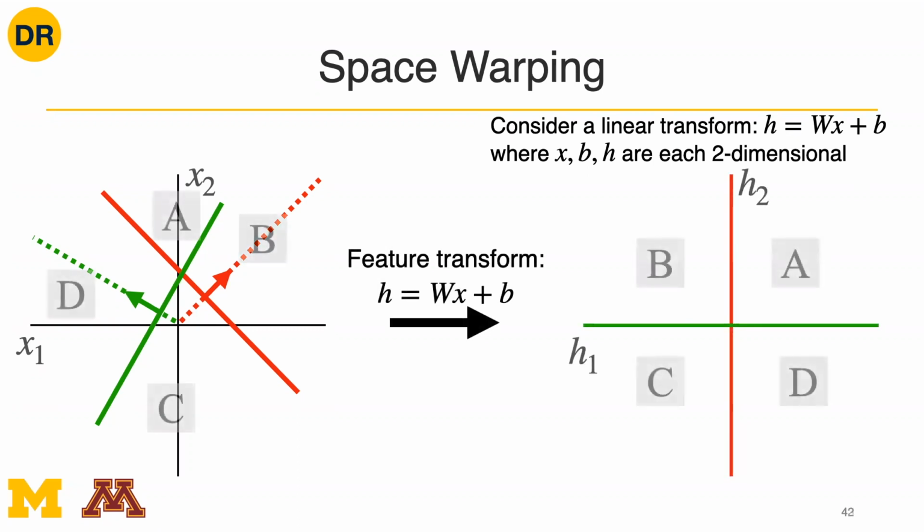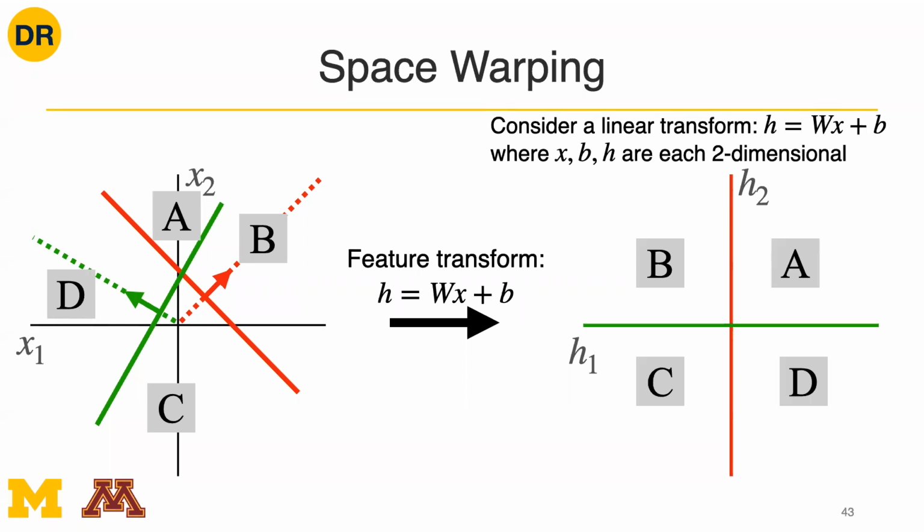For any data that is on the positive direction of H2 and negative direction of H1, you'll see B in that location. So the quadrants in your original space are being transformed into linearly separable regions in the feature space by using just one transformation.